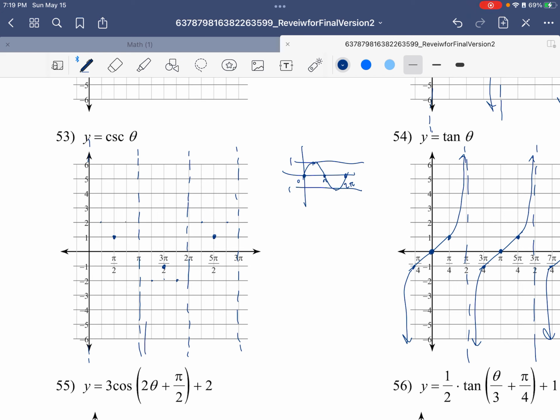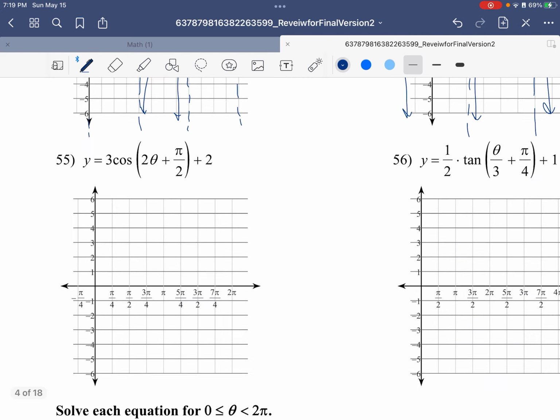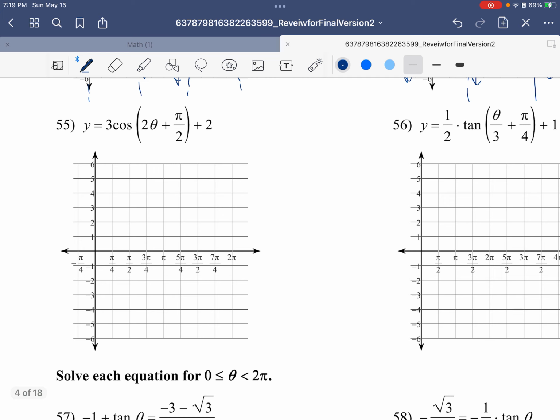So it's going to be like this, like this, like that. Yeah, and then I also posted a video on how to do this, but we'll do these now from our practice. You should go back and look at those.